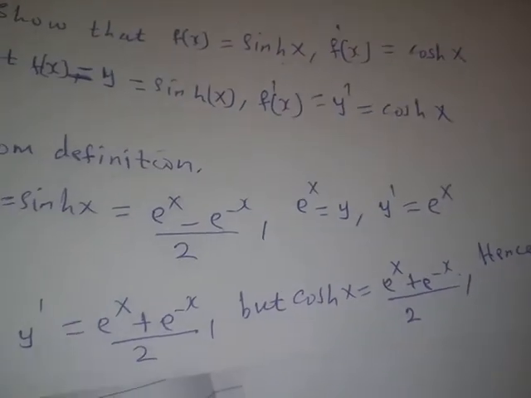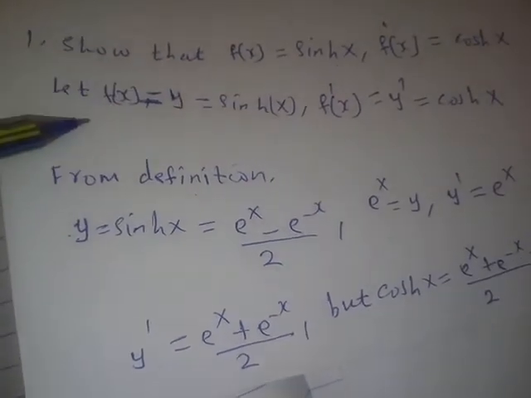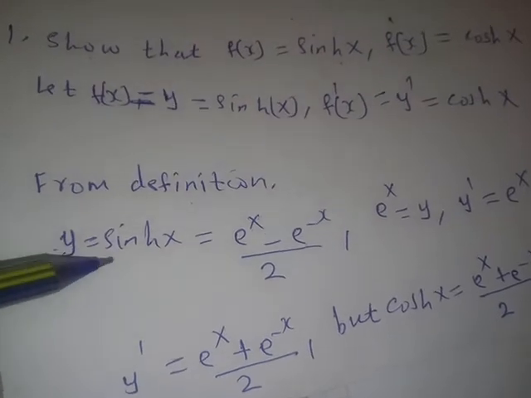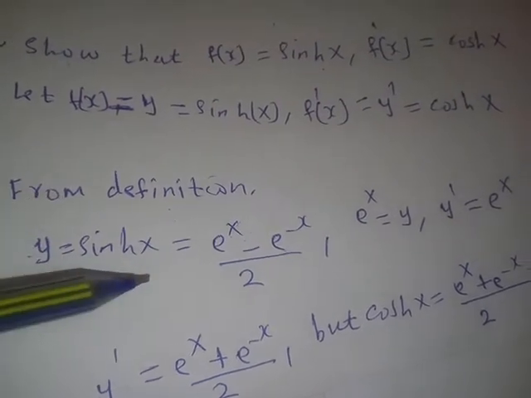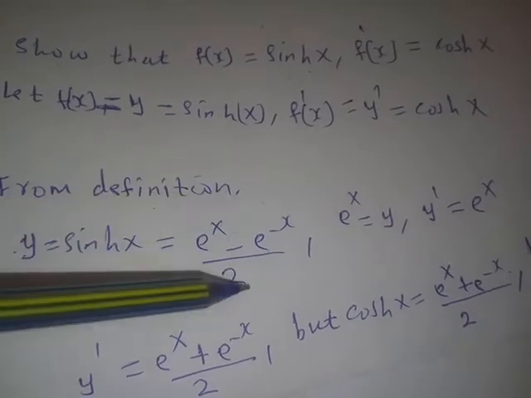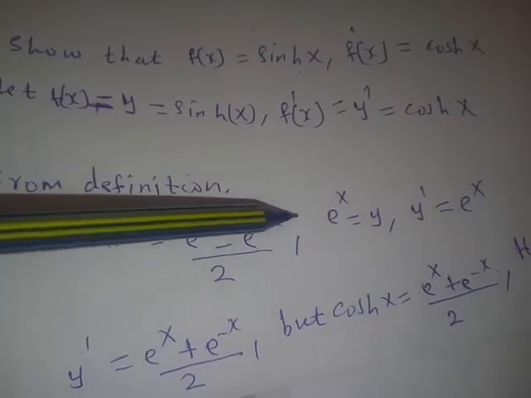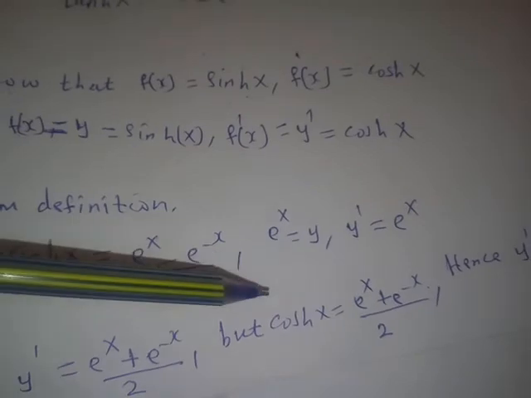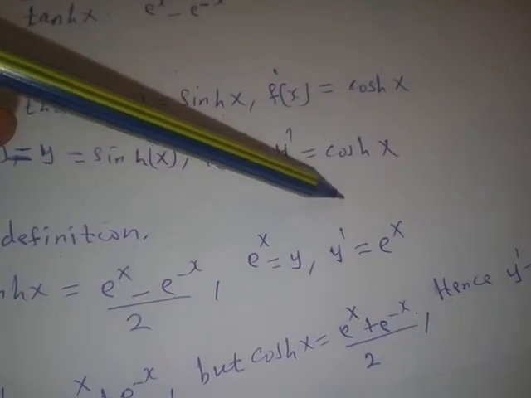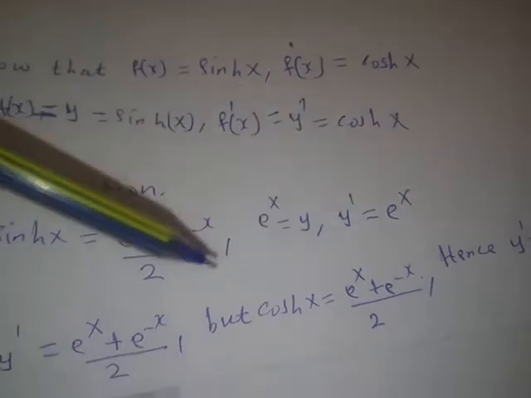So what you do, you begin by defining the hyperbolic function of sine, which is given by this function here, exponential x minus exponential negative x over 2, and you use the fact that exponential differentiated remains the same.